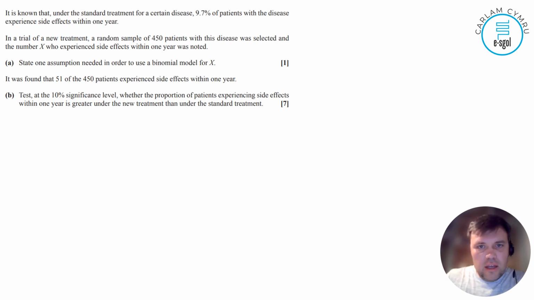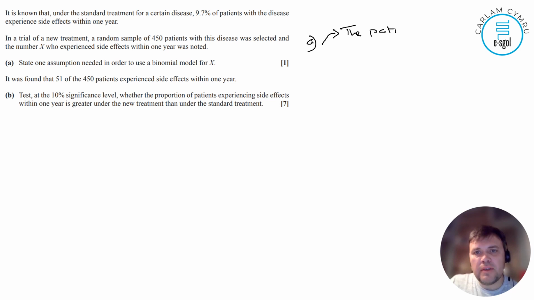Again, your assumption is basically independence or probability is constant, but it needs to be related back to the question. So you're either saying the patients are independent of each other, so they're not from the same family or anything like that. Patients are independent of each other.